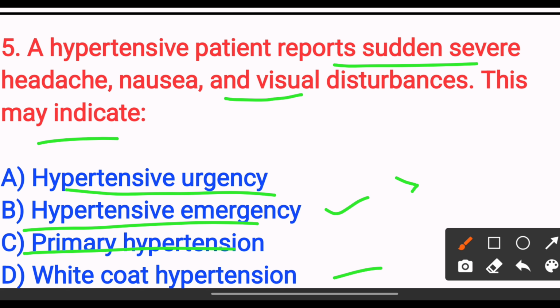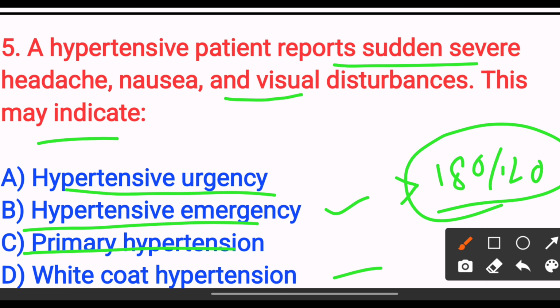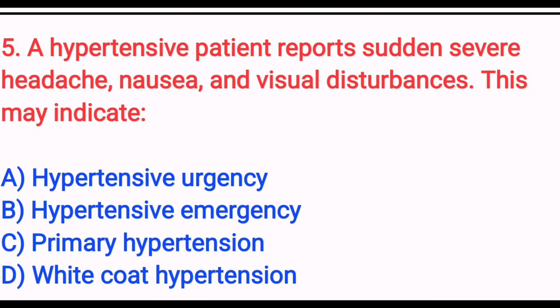When the BP goes to 180 by 120, it is known as hypertensive emergency, and the signs will be sudden severe headache, nausea and visual disturbance. So the answer is option B.